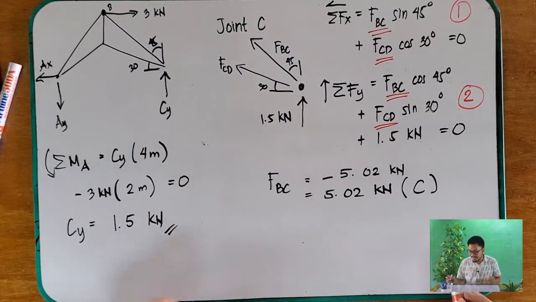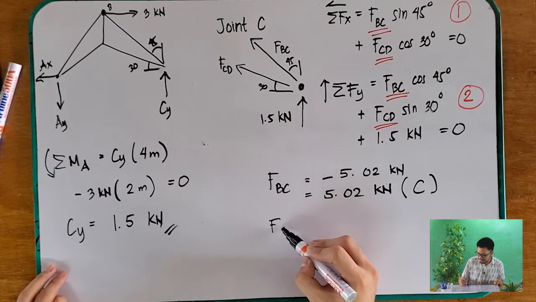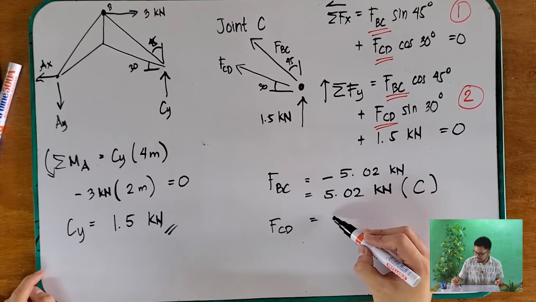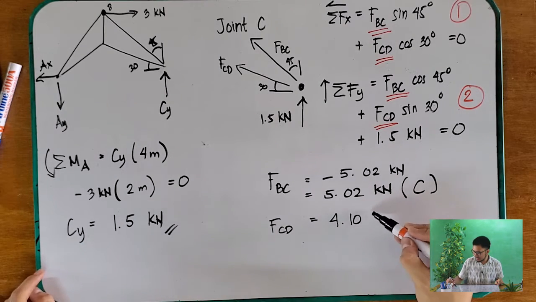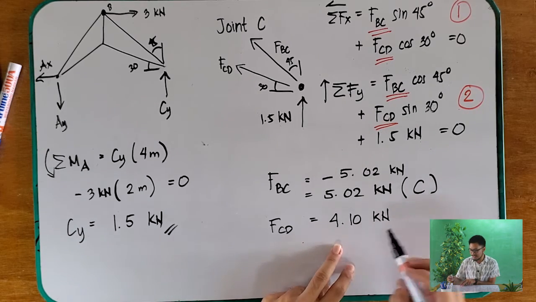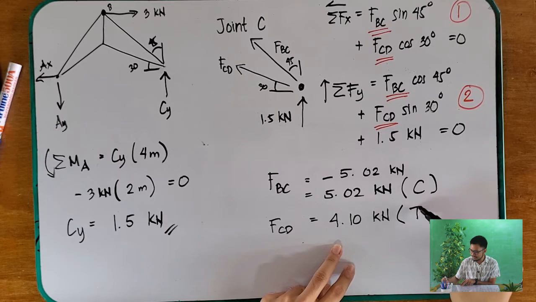And for your FCD, you have an answer of 4.10 kilonewtons. Since this one is not negative, we can just say that this one is in tension.